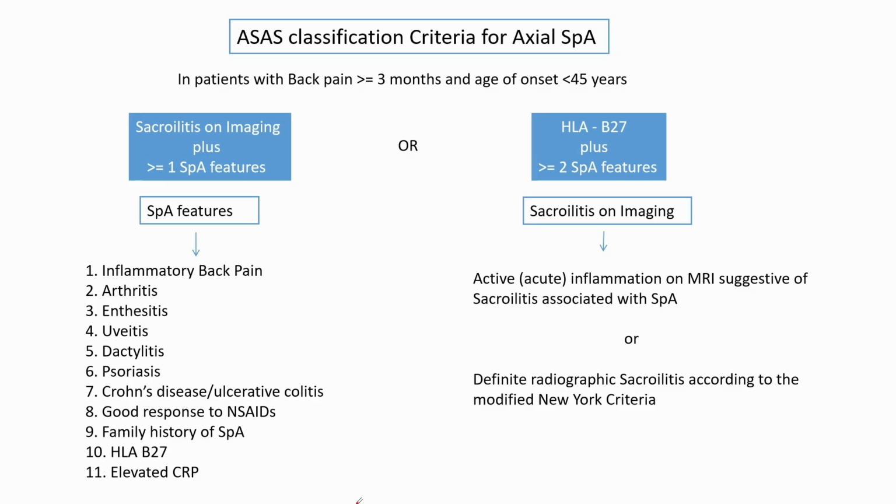Or a diagnosis of radiographic sacroiliitis according to the modified New York criteria, which includes unilateral sacroiliitis of grade 3 or higher or bilateral sacroiliitis of grade 2 or higher according to the New York criteria. Now, this classification system has a sensitivity of 83% and a specificity of 84%.